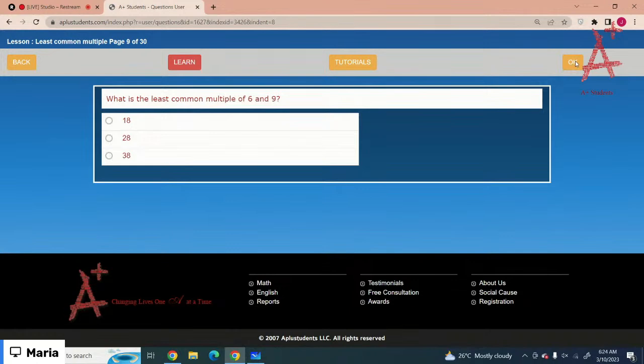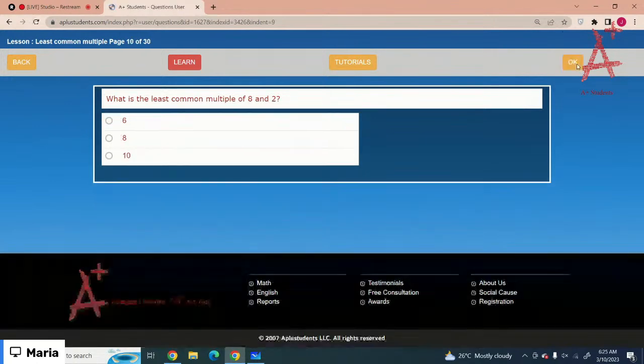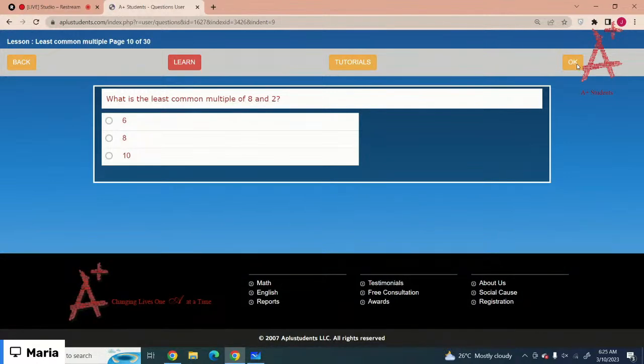What is the least common multiple of 6 and 9? Multiples, not factors. Yes, very good. That is 18. Got it? 18 is the common multiple for both the numbers.